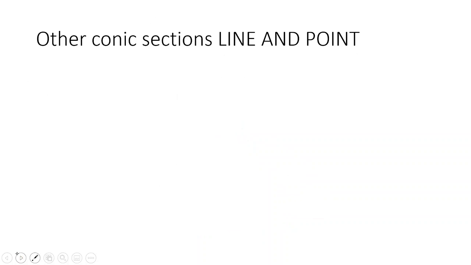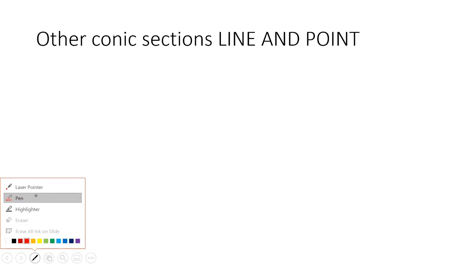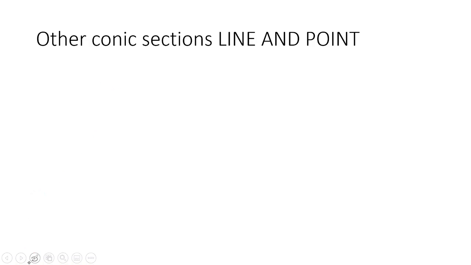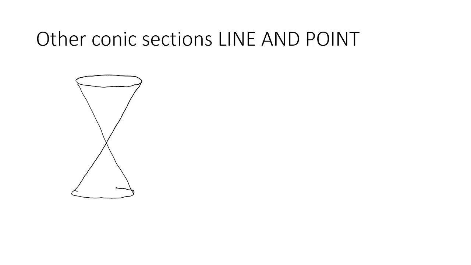All right. Other conical sections. So if I were to sketch a set of cones for you, let me get this in black. You could have the line or the point.